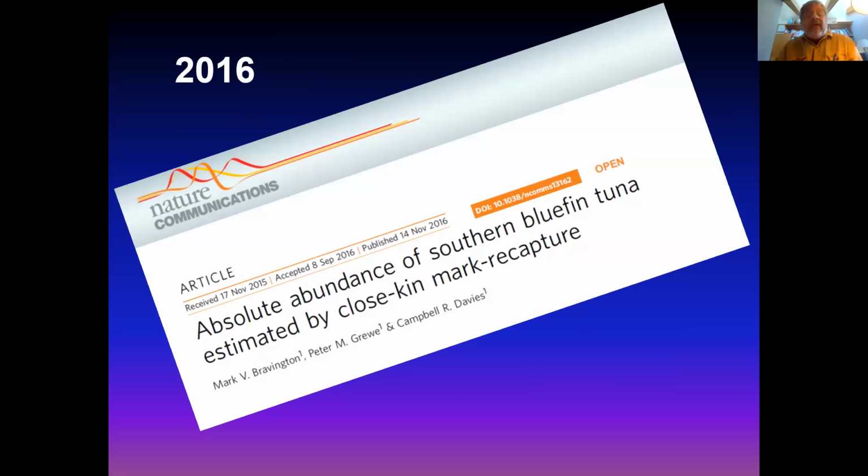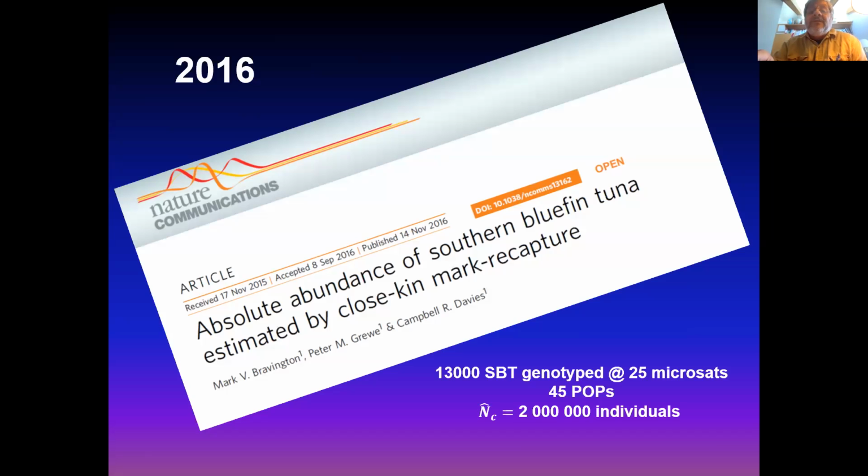So fast forward to 2016, and this article appeared in Nature Communications, led by Mark Bravington, a fisheries scientist at the CSIRO in Tasmania, where they used this approach to estimate the population abundance of southern bluefin tuna, a highly valuable resource in the Indian Ocean.